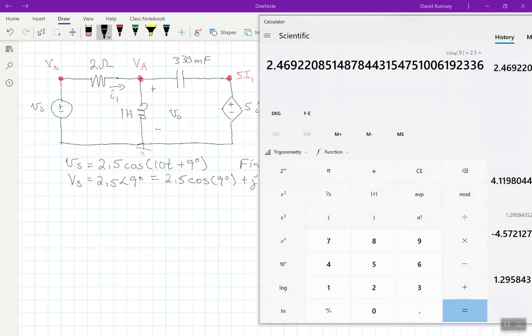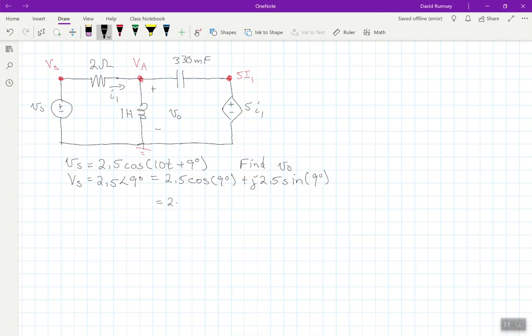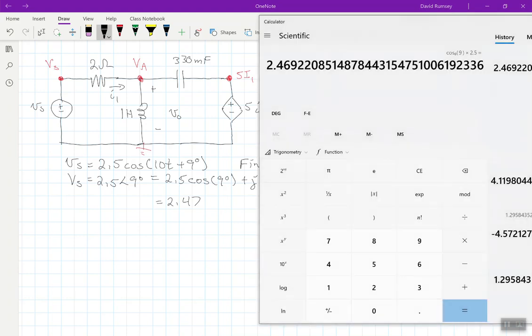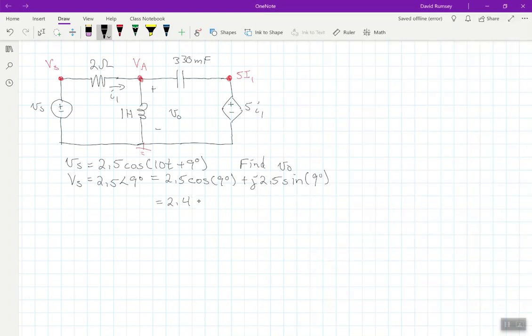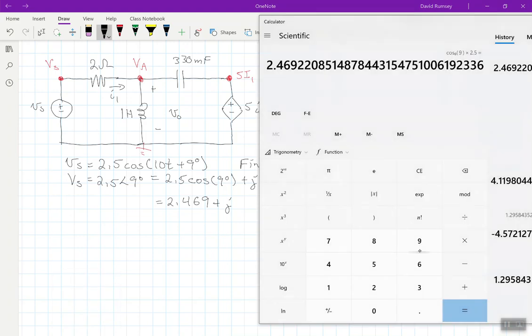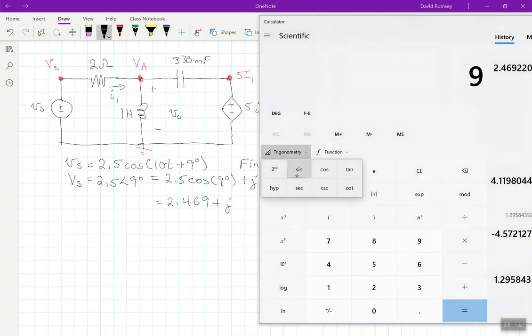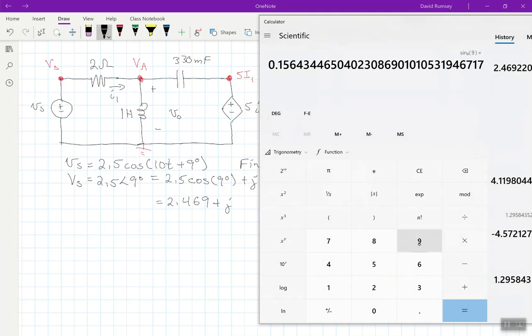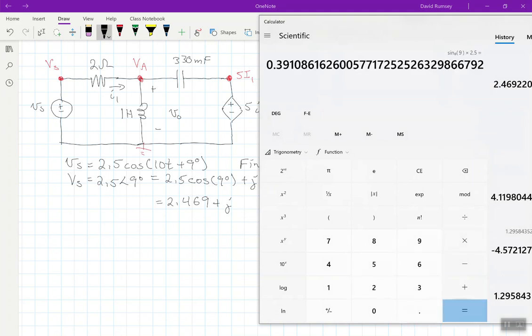So 2.469, carrying one more decimal point, plus j 0.391.